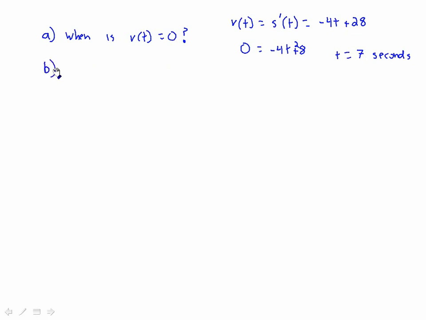And then for B, the question is to find the maximum displacement. Seeing as we know that it reaches that point at t equal to 7, we want to find s at 7, its position at that time. And by the way, as I mention frequently, pause me and go through the question if you want, and then check your answer. So s at 7 gives us negative 2 times 7 squared plus 28 times 7 plus 45.